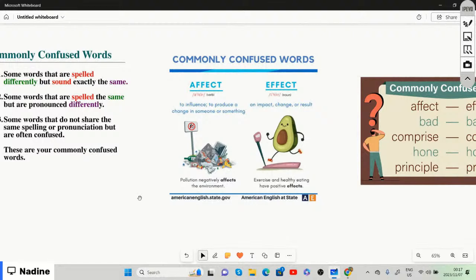Then we have effect, right? And effect is a noun. If we spell effect, it is E-F-F-E-C-T. And like I said, there's one letter difference within this word. So effect is a noun and it's an impact or change or even a result.